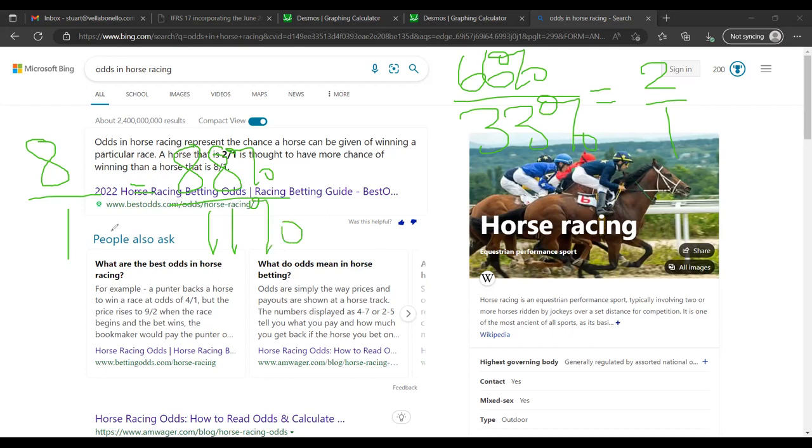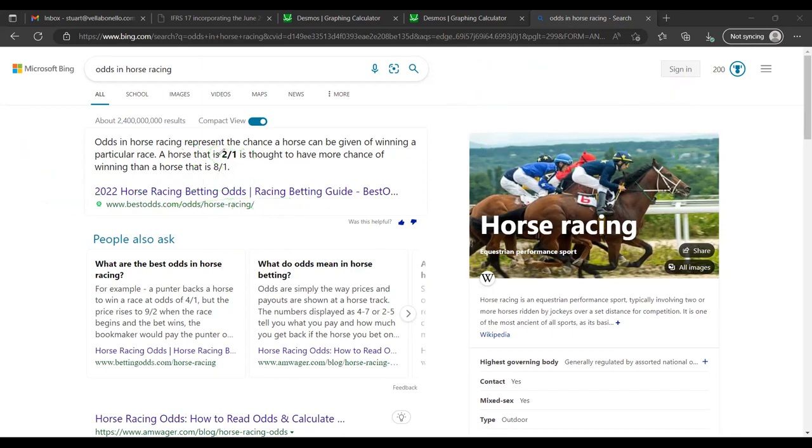So 8 to 1. Wait a minute. No, that can't be right, because it said a horse that is 2 to 1 is thought to have more chance than a horse that is 8 to 1. Ah, okay, so I've clearly got this wrong.